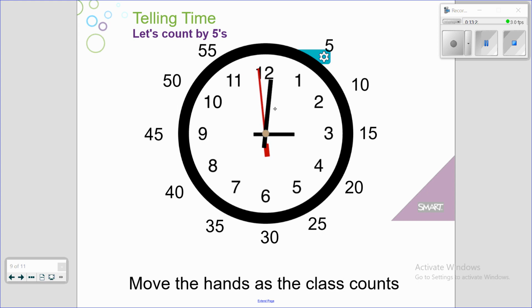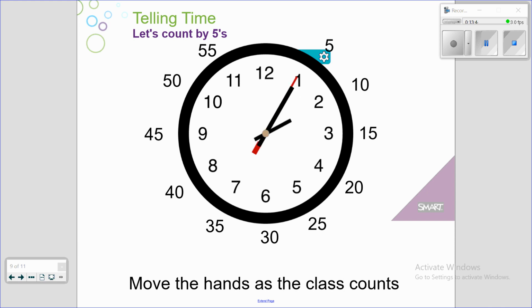So if I told you 40, it's on 8. 20 is on 4. You have to remember 20 is what? 4. 10 is what? 50 minutes. It's about the 35 minutes. It's on 7.